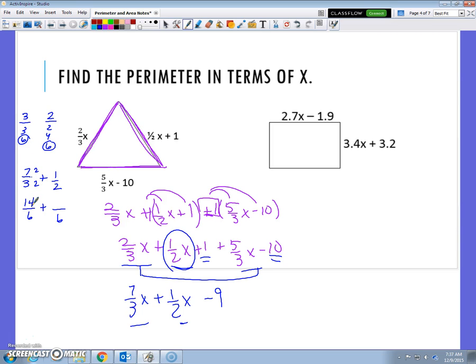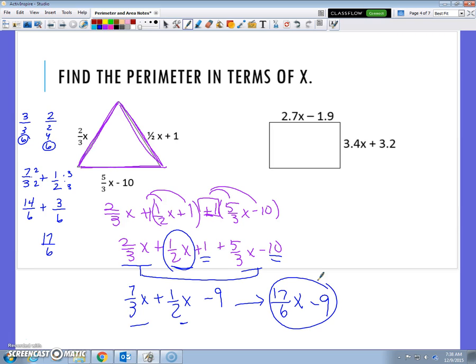And it's the third factor of 2, so I'm going to multiply this one by 3. So what I really have is 14/6 plus 3/6, which is 17/6. So when I'm all said and done, my final answer for perimeter is 17/6 x minus 9. Okay, there you go, perimeter.